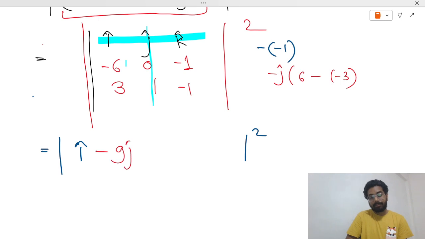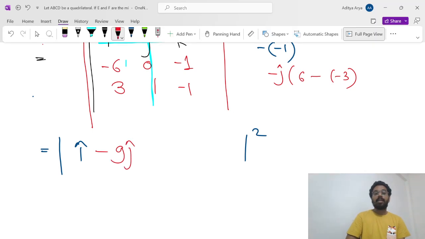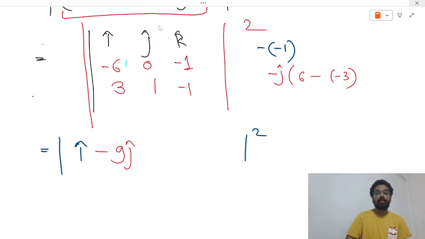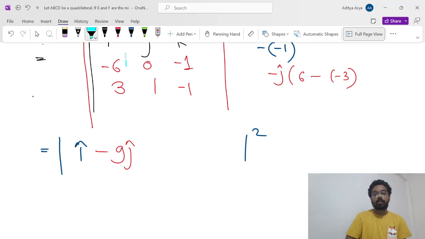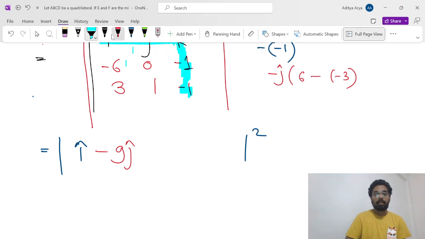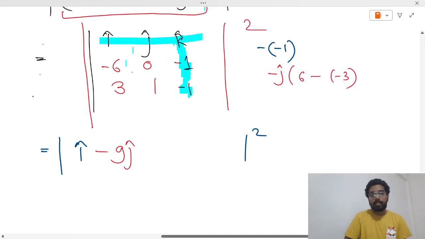All right. And then similarly, you will solve for k cap. I hope it is clear to you also. So what I'm going to do is eliminate the row and column for k cap. What you will be left with is this. So what is this?